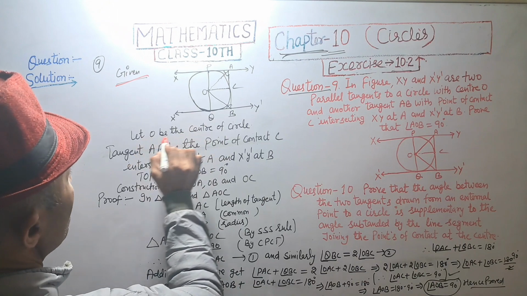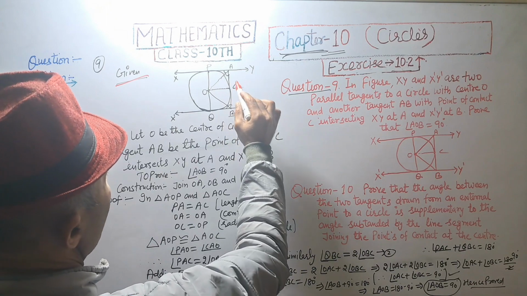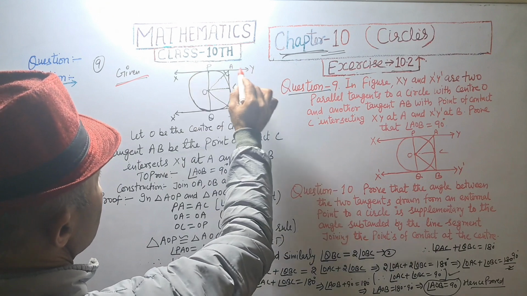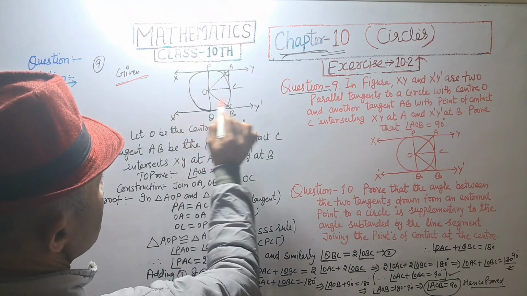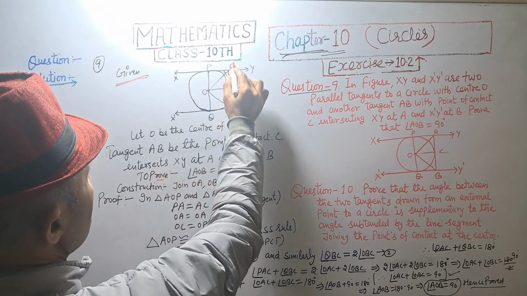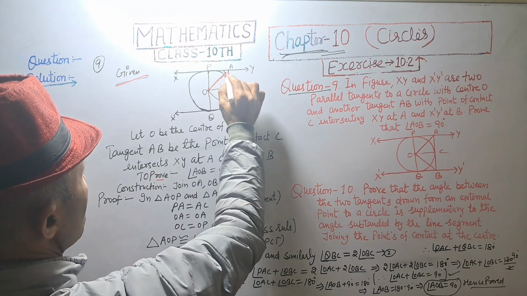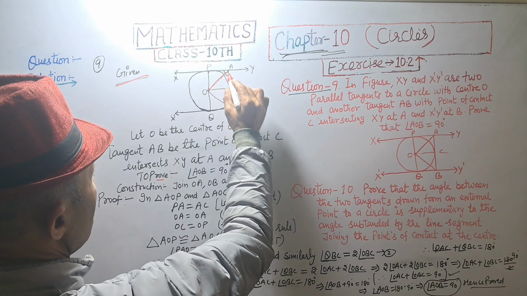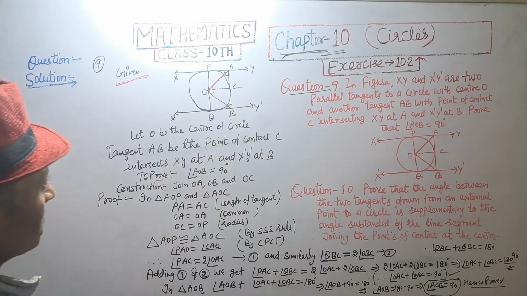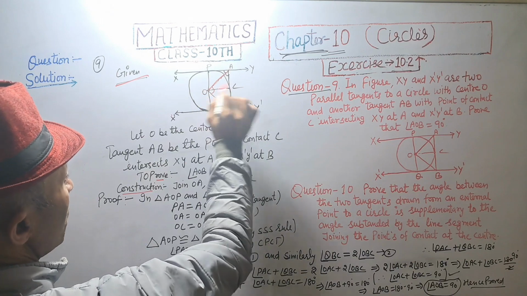In the given diagram, let O be the center of the circle and tangent AB with point of contact C intersect XY at point A and X'Y' at point B. We want to prove angle AOB is equal to 90 degrees. Construction: join OA, OB, OC.